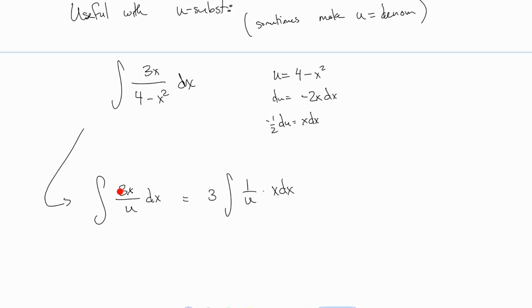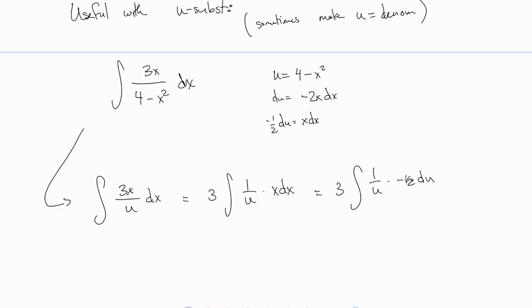So this 3 just went outside. This x came over and I wrote it next to the dx. And then x dx is equal to -1/2 du. So this is going to be 3 times 1 over u times -1/2 du, like so.